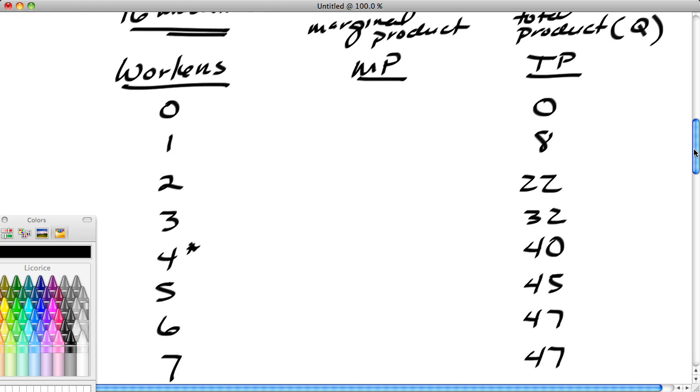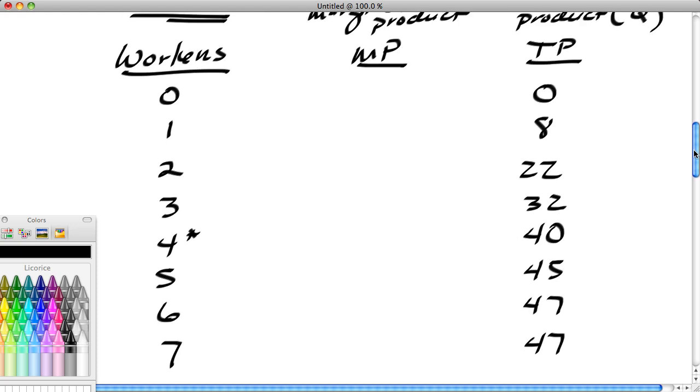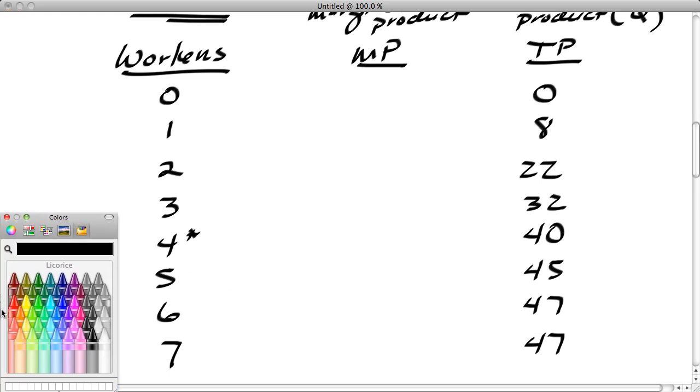Now I need to say something up front before we fill this column in, because you could get the wrong impression very easily here. Let me change the color of my ink while I'm over here. We're assuming in this analysis that every worker is of equal quality. This is very, very big. This is called a homogeneous labor force. Homogeneous means every worker is of the same quality.